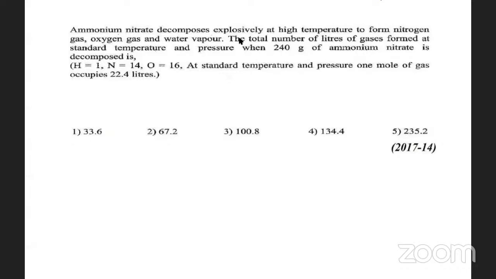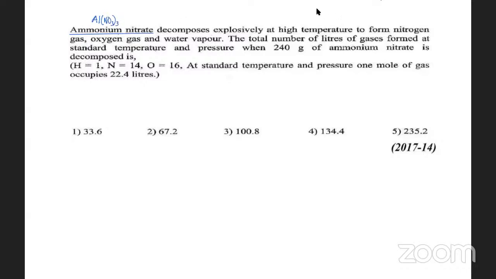Aluminium nitrate decomposes explosively at high temperature to form nitrogen gas. Aluminium nitrate. What is aluminium nitrate? First of all, we have studied these things under chemical calculation. Aluminium nitrate, that is Al NO3. This is aluminium nitrate.